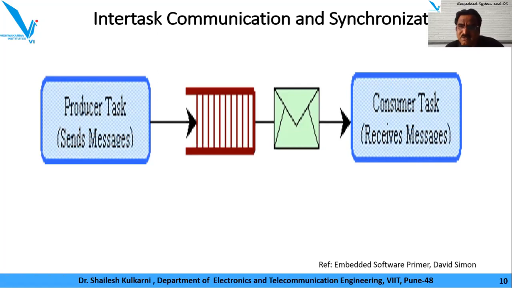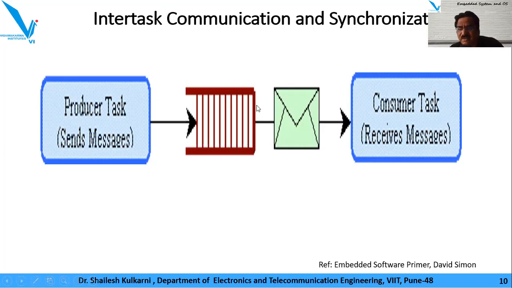Okay. And that is what we get to know here, that this particular sender task or receiver task communicates with, for example, a mailbox. This is referred to as a mailbox. So if we communicate with a mailbox, it simply copies the message into the mailbox.